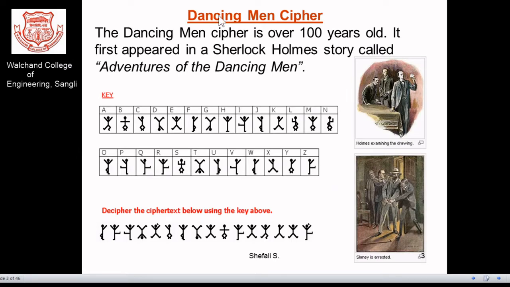Now this is one idea for the dancing men cipher, which is the classical example. This is a well-known story available over the net by Sherlock Holmes, and the name of the story is Adventures of the Dancing Men. All of you are interested in Sherlock Holmes stories, and there was one mystery that Sherlock was trying to solve.